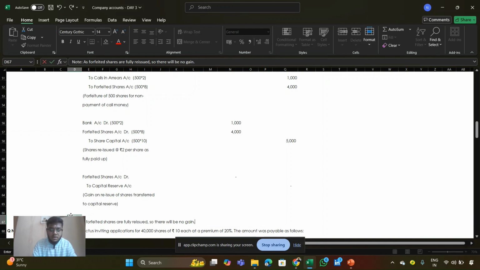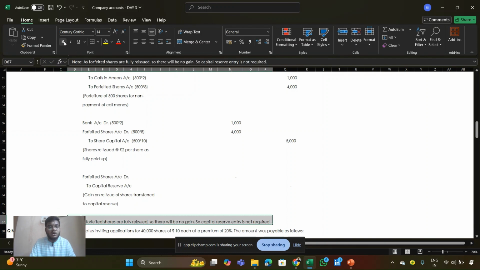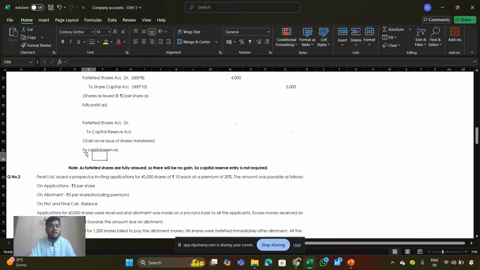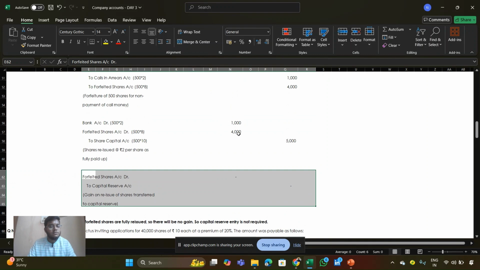So capital reserve increase is not required. You write it as a note, or you can mention it as an entry also, or do both, no issues. So this was a simple sum.